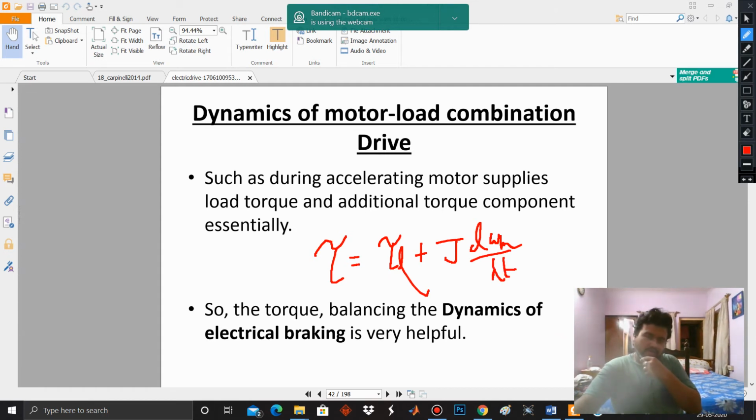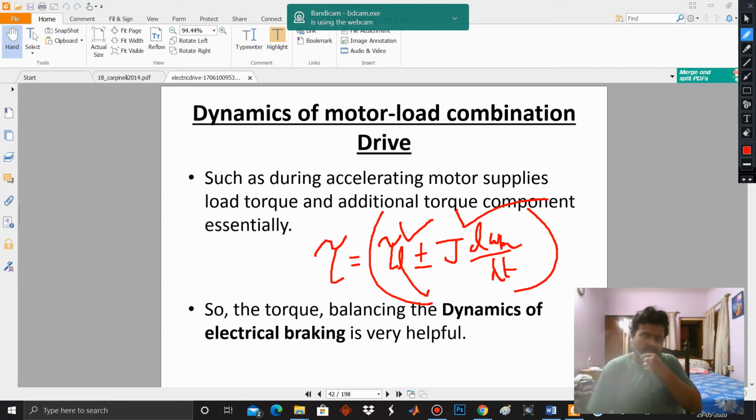That means the torque that has to be generated by the motor during motoring operation has to satisfy this load torque and this transient torque. Now this is for the acceleration. So what will happen if it is minus? That means it is retarding.